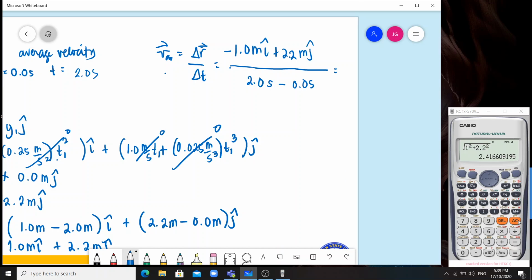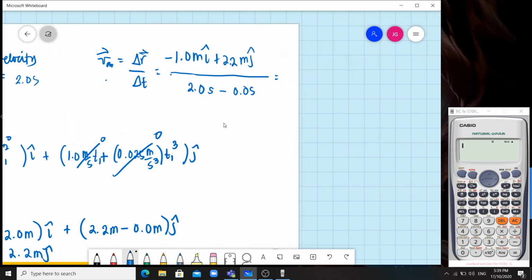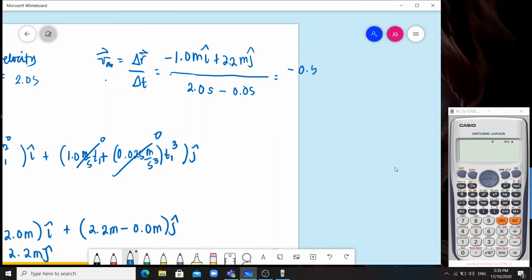So, i-divide lang natin siya sa 2. So, that is negative 0.50 meter per second i plus 2.2 divided by 2 is 1.1 meter per second j.